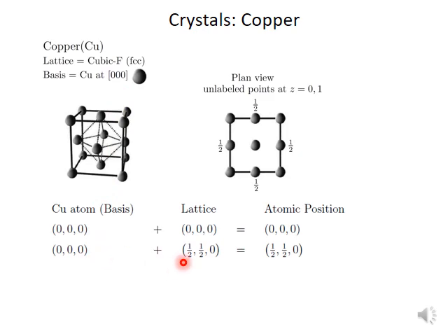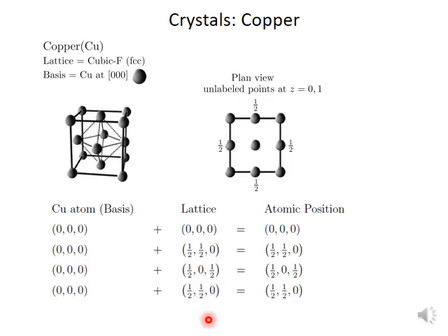So you have three more lattice points, one at this face, one at this face, and one on the face which is here. So you need to describe four lattice positions to describe the full copper lattice, and this copper unit cell would consist of four bases, and each base is that of a single copper atom.